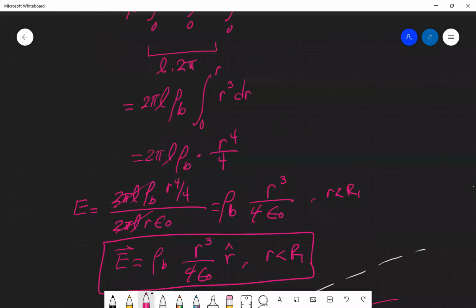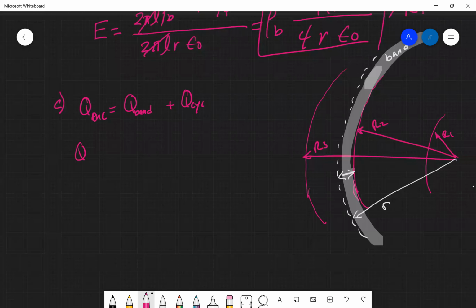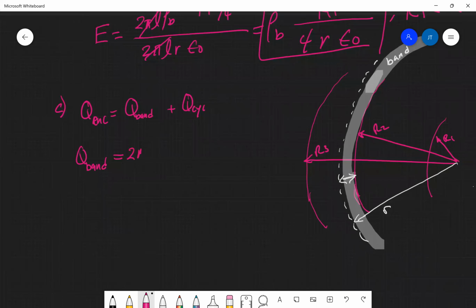Okay, so this is all good. So now Q band equals 2 pi L, that's from the integral of phi and z.